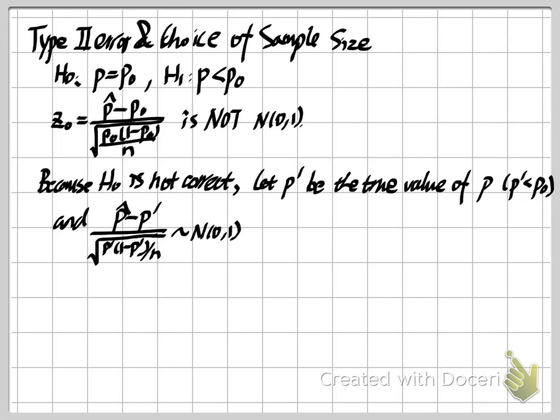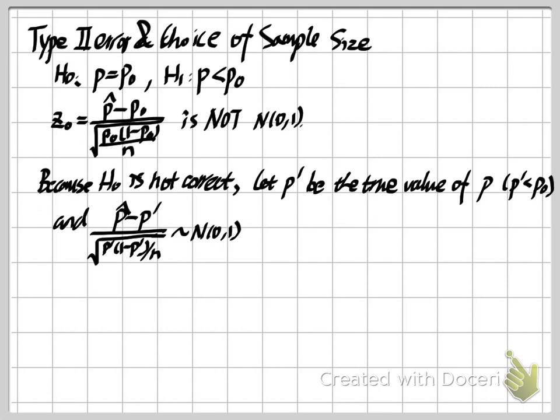Because we work on the H1 as P smaller than P0, our true value P prime should be smaller than P0. Because now P prime is the true value of our population proportion, we have this new statistic, P hat minus P prime divided by the square root of P prime times (1 minus P prime) divided by n, which is a standard normal distribution.